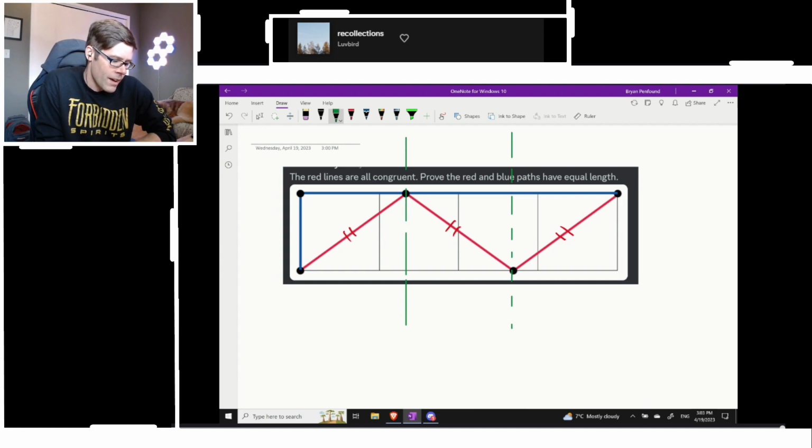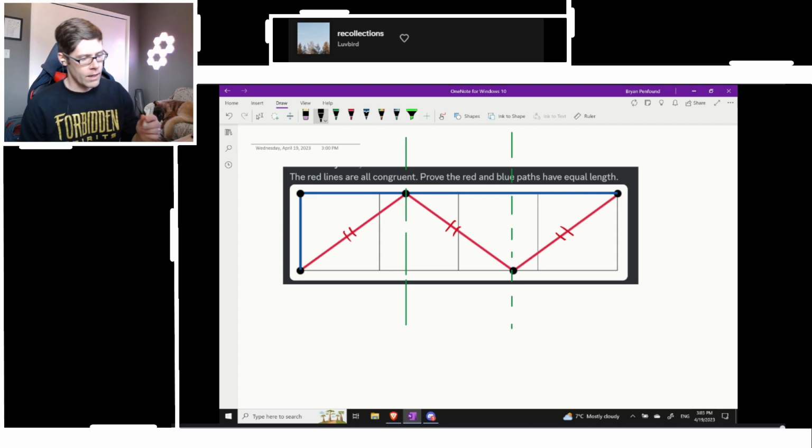Okay, so I mean, we could make a 90-degree bisector right at these black points. And if we bisect that angle, that means these are going to be 90-degree angles.